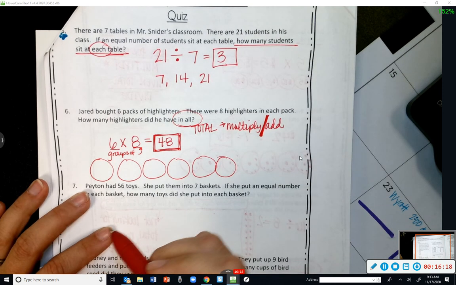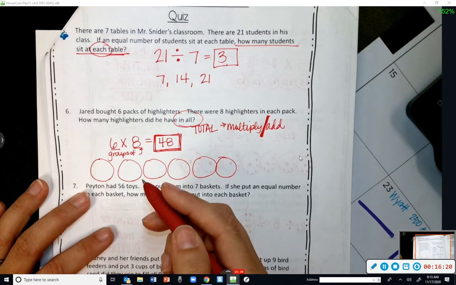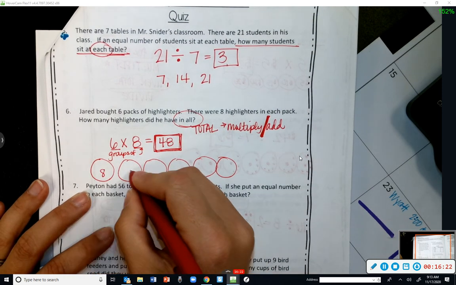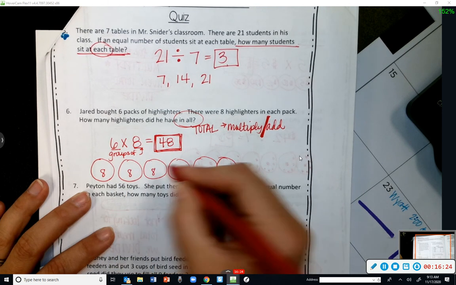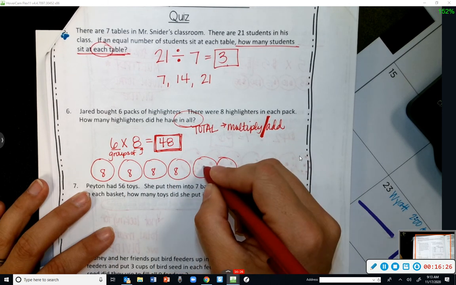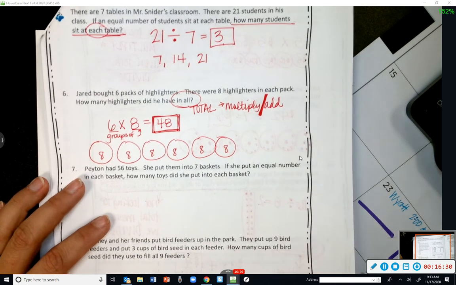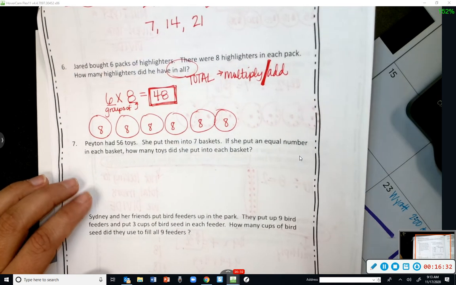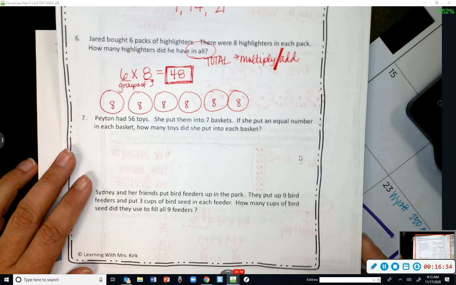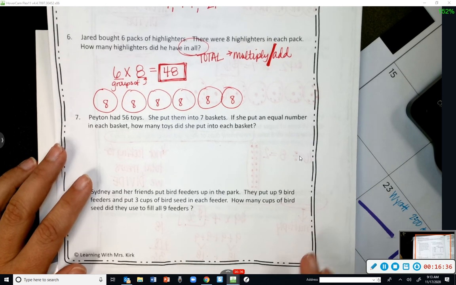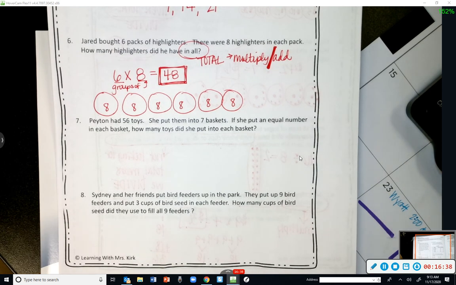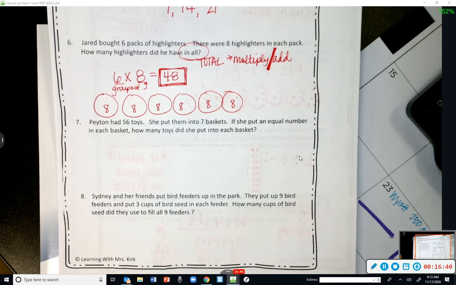And then I need to put 8 in each group, right? Okay, so that's 8, 16, 24, 32, 40, 48. I didn't draw the dots. I just put the number 8 to save a little bit of time. But if you did the dots, just make sure you're counting and doing it neatly, okay?